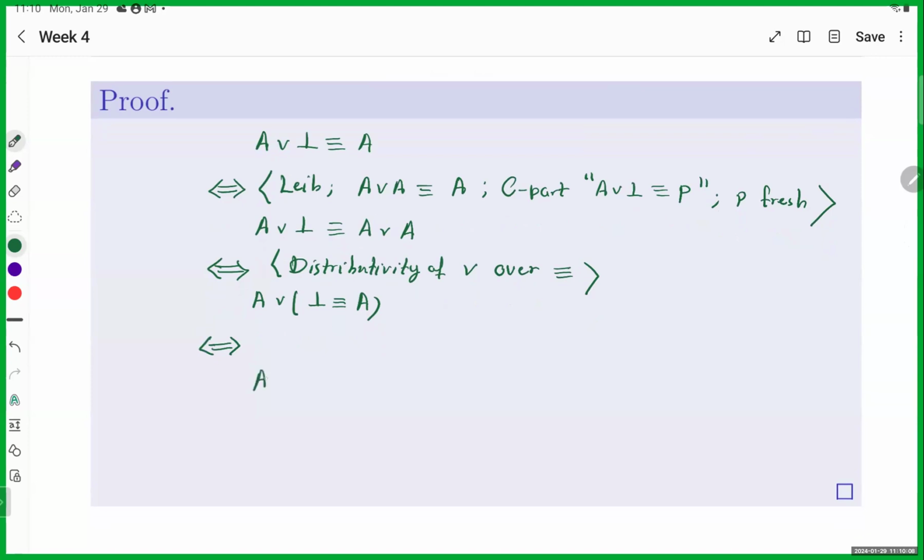Now I know this is equivalent to negation of A. It's an axiom.